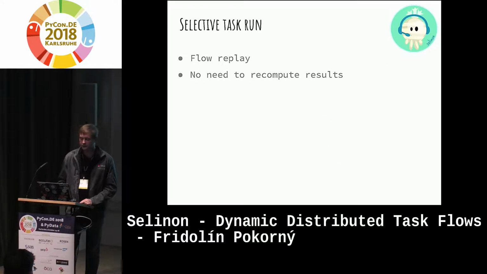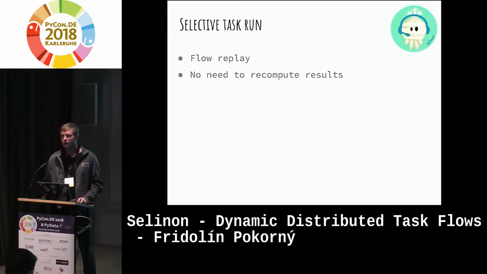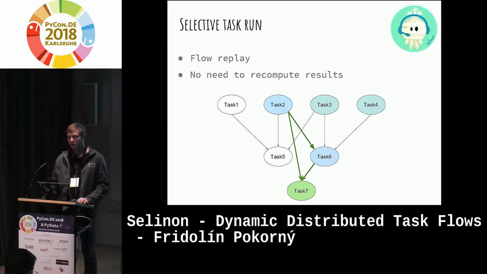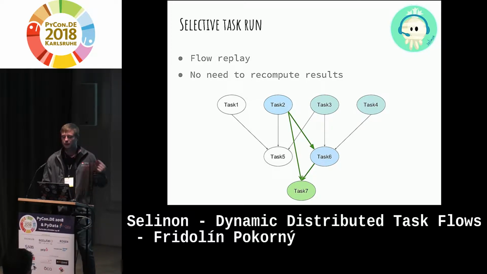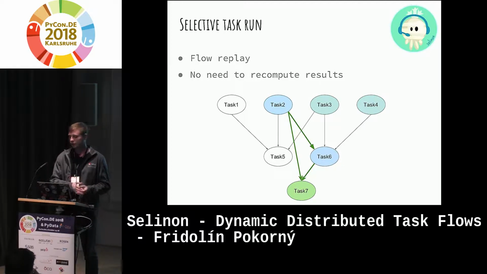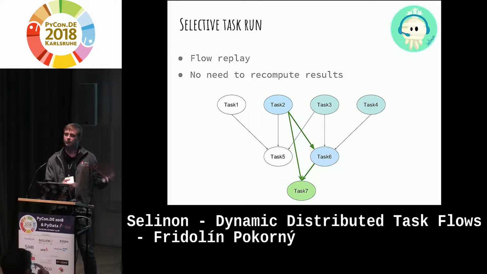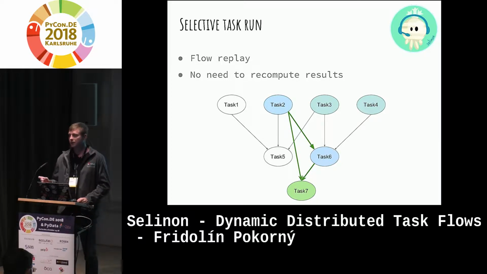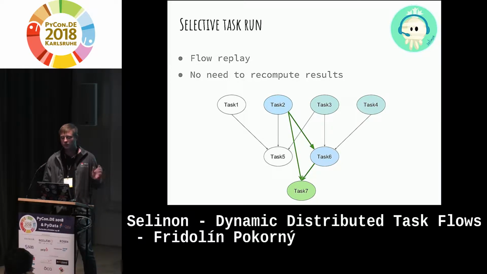Then there is another feature called selective task runs, and we found it especially helpful when we were executing flows periodically. In one task, we aggregated some data from GitHub, and we wanted to refresh this data every, for example, 5 days. So in that case, we just wanted to state run only task 7, for example, and we don't care about other tasks.